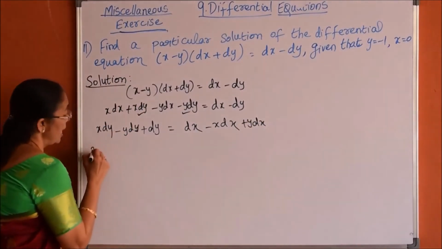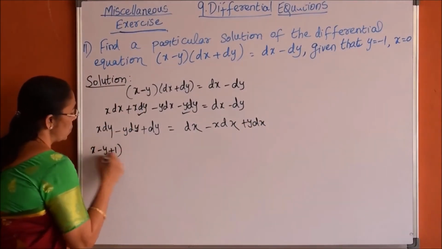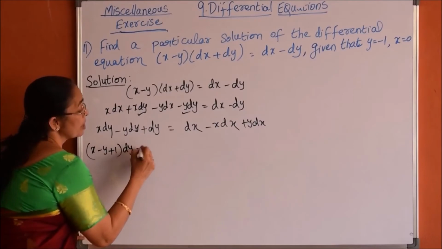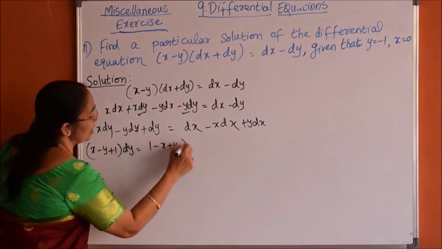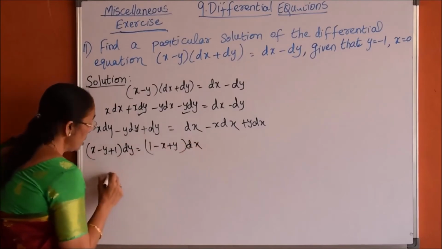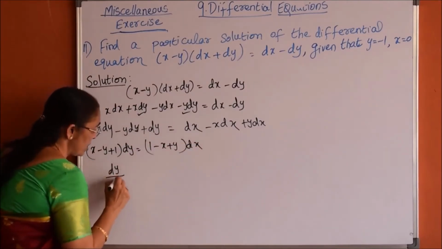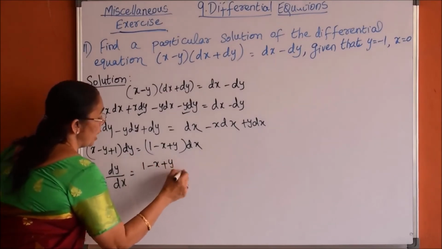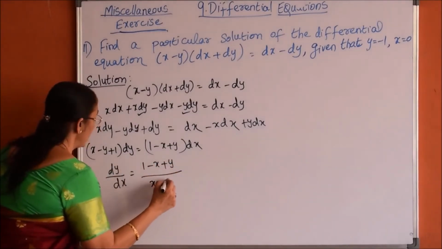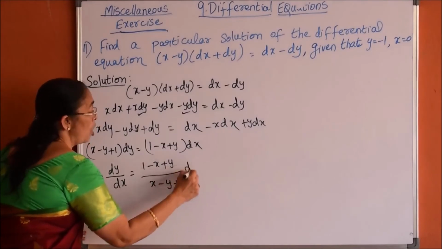Now, (x minus y plus 1) dy is equal to (1 minus x plus y) dx, or dy by dx is equal to (1 minus x plus y) divided by (x minus y plus 1).